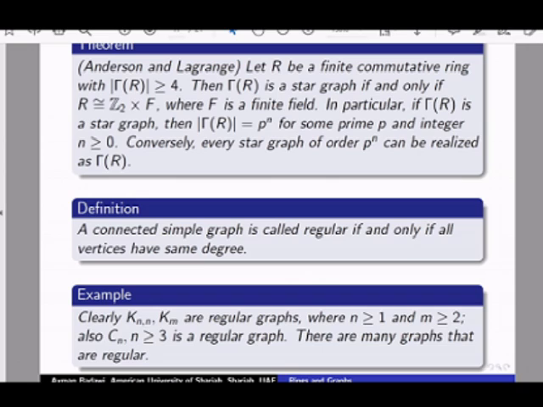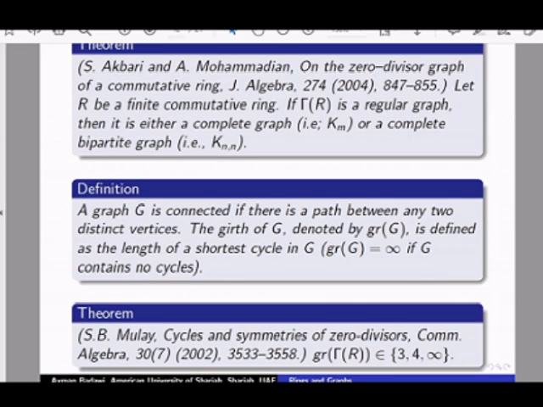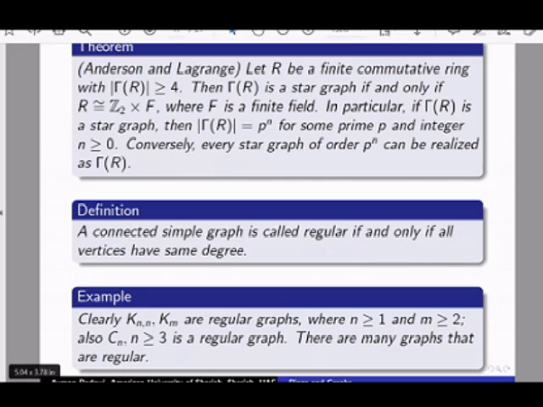For example, K4,4, a complete bipartite graph where your vertex set is split into two sets, A and B, where the cardinality of A equals the cardinality of B. Here are examples of regular graphs: Kn,n, the complete bipartite graph; Km, the complete graph; Cn, where n is bigger than or equal to 3.